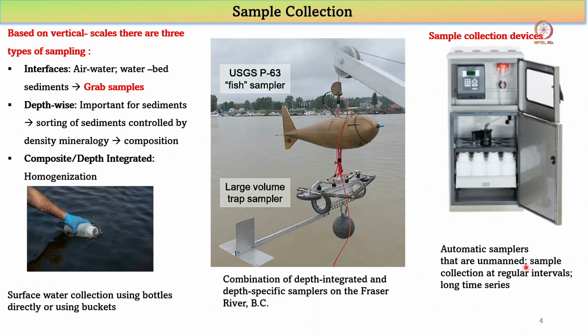So for that reason, we always recommend that for river sampling, you take depth integrated samples. That is, you take samples at different depths and you mix it. It is then called a composite sample.